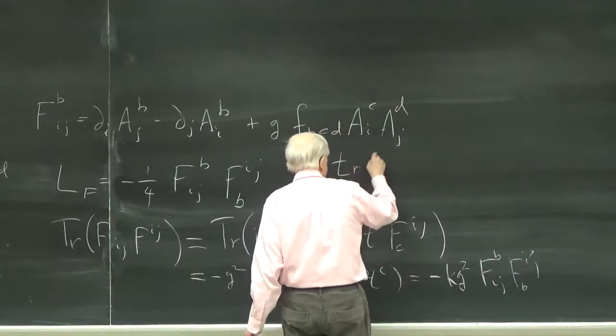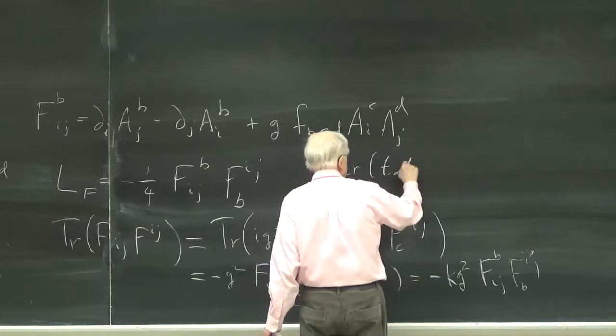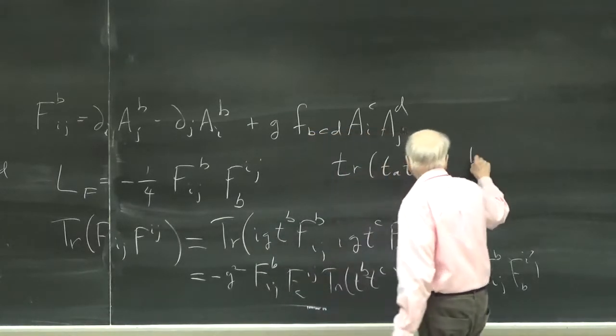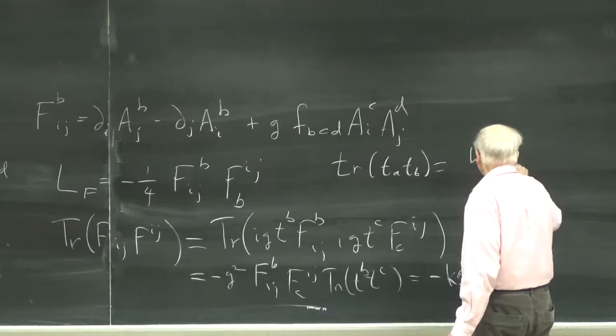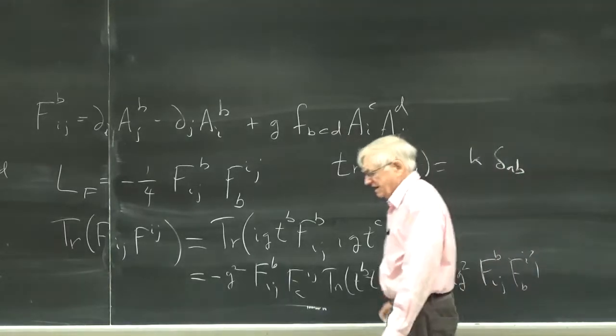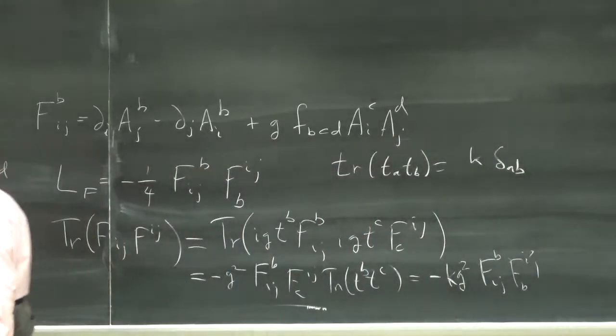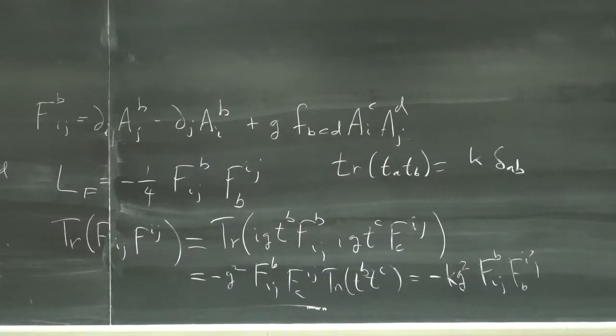the trace of T^A T^B is K delta^AB. This K depends upon the representation of the group, and so that's not necessarily a unique thing. The K varies with the representation in order to keep the structure constants invariant.